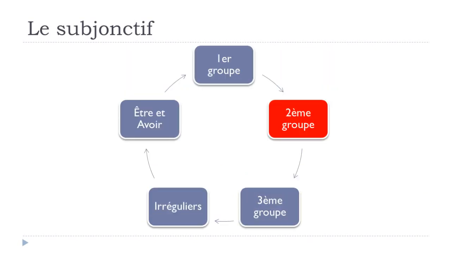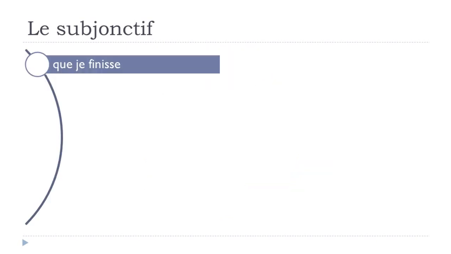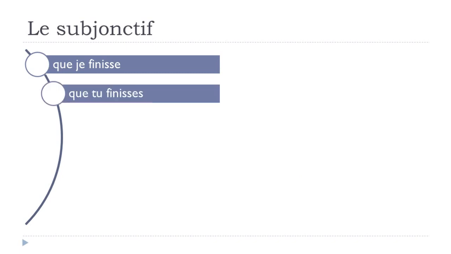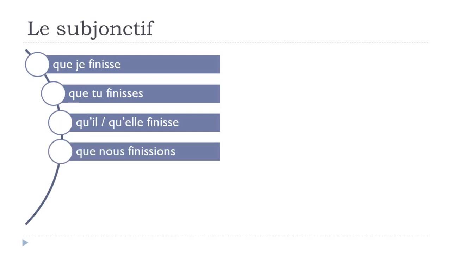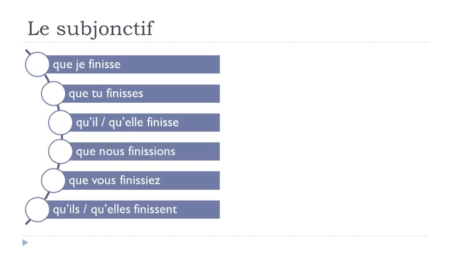So now let's see how it goes for the second group. All right? So for the second group, I took the classic example, finir, to finish or to end. Que je finisse, que tu finisses, qu'il finisse, qu'elle finisse, que nous finissions, que vous finissiez, qu'ils finissent, qu'elles finissent.